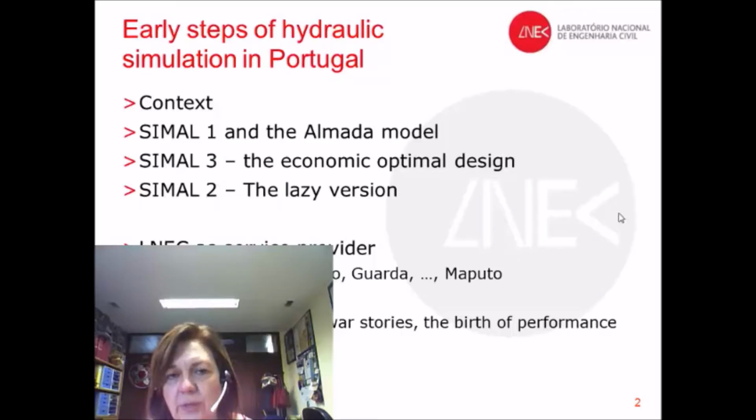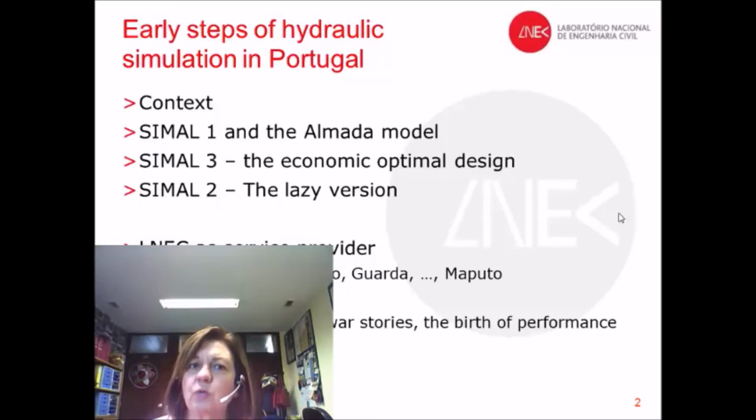Jaime continued to work and develop an optimization algorithm where the optimization function was a cost function with constraints that were pressure, velocity, and the hydraulic equilibrium equations.